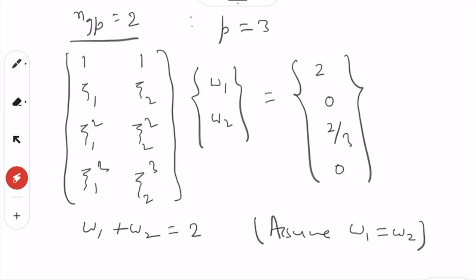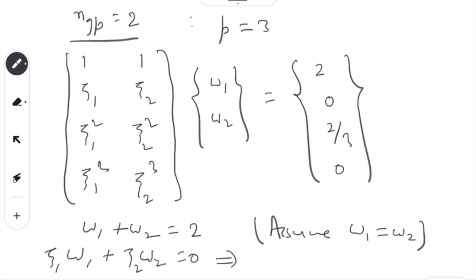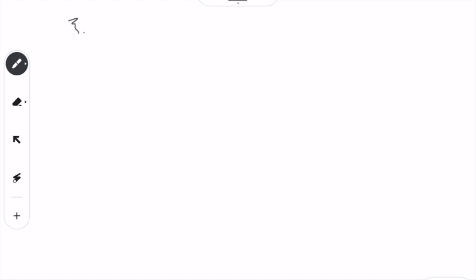Okay, now next is ξ1 and ξ2. This tells you ξ1 times W1 plus ξ2 times W2 equal to 0. If W1 equal to W2 equal to, let's say, W, this becomes W times (ξ1 plus ξ2) equal to 0, and this tells us that ξ1 plus ξ2 equal to 0.